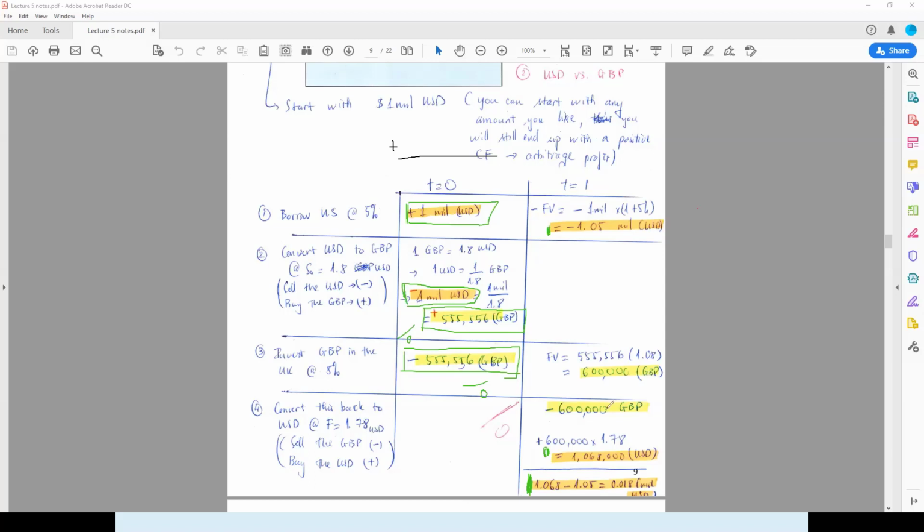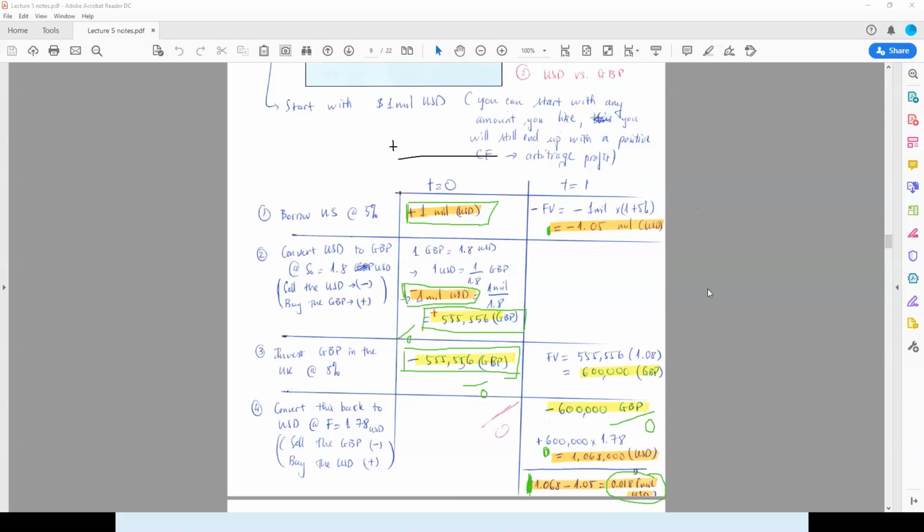In step 4, I have converted it into the USD. So step 3 and step 4 will offset each other, and my pound position in time 1 would also be 0. So overall, we have not had any exposure in foreign exchange rates, and we have a positive profit in the end. This is what we want for an arbitrage strategy.